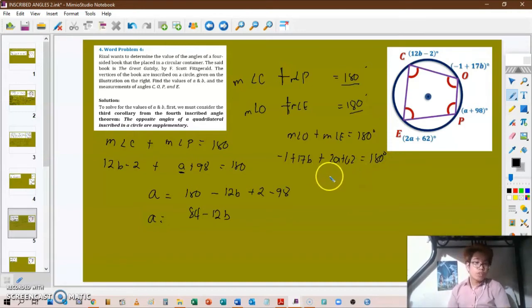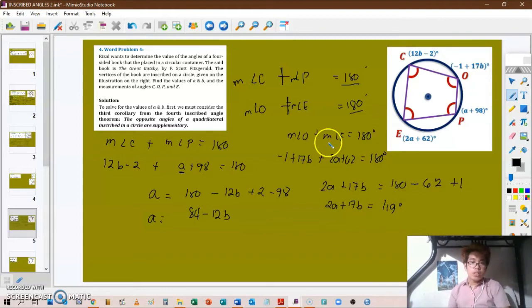To simplify, 2A plus 17B is equal to 180 minus 62 plus 1. We just transposed. That gives us 2A plus 17B is equal to 119 degrees.